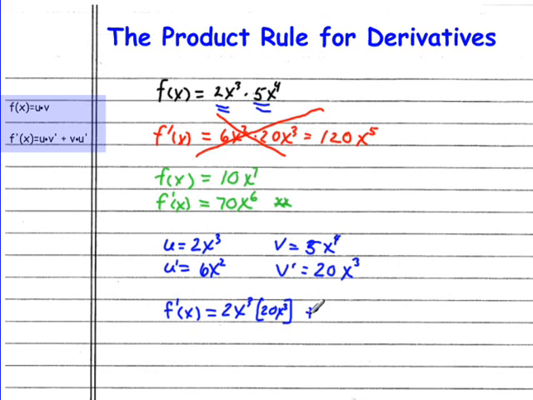And then add to that the second function v, which is 5x to the fourth, times the derivative u prime, which is 6x squared. As we simplify each of these, 2x cubed times 20x cubed is 40x to the sixth.